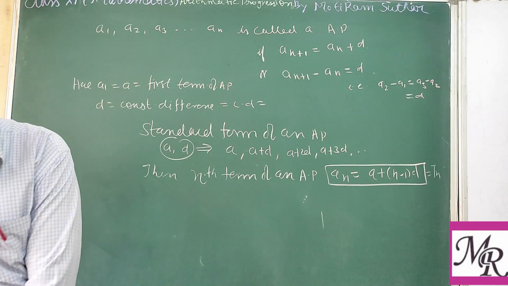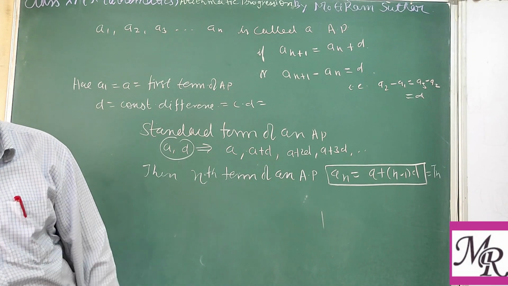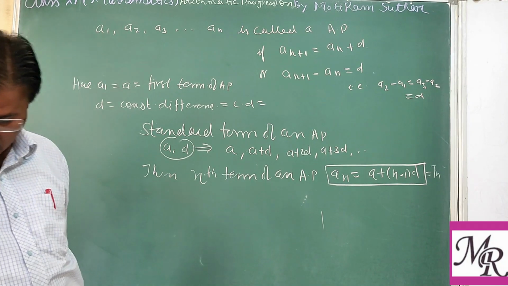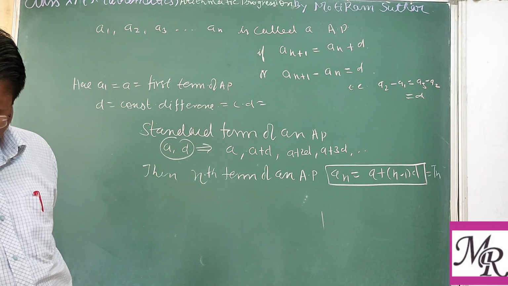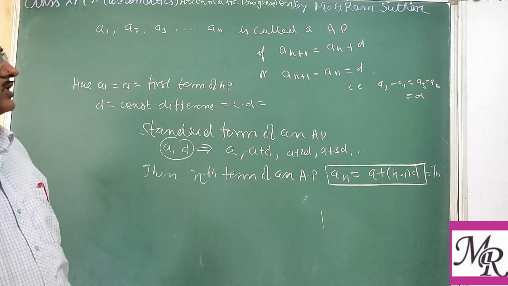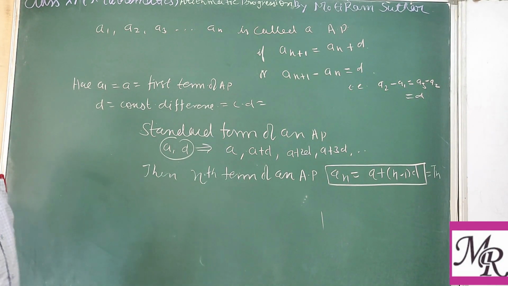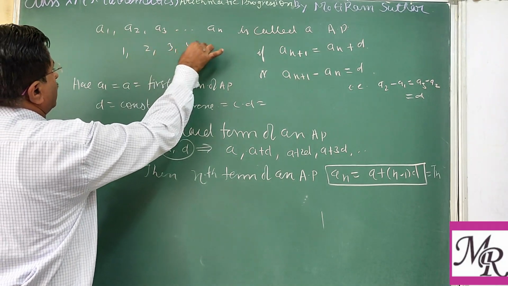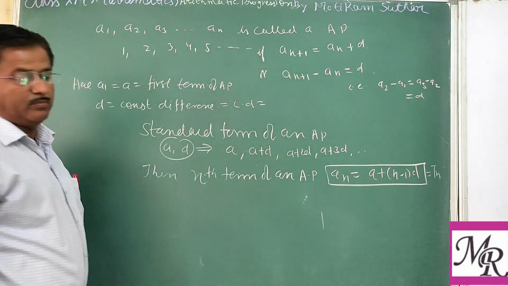Here we also see some simple properties of an AP. First, if a constant is added to each term of an AP, the resulting sequence is also an AP. Suppose 1, 2, 3, 4, 5 form an AP.